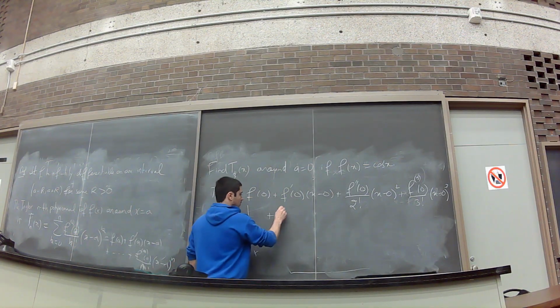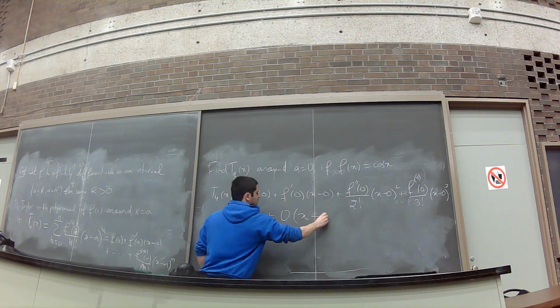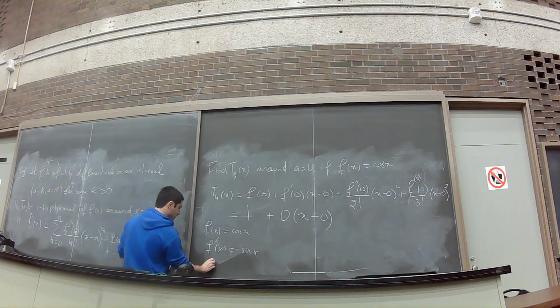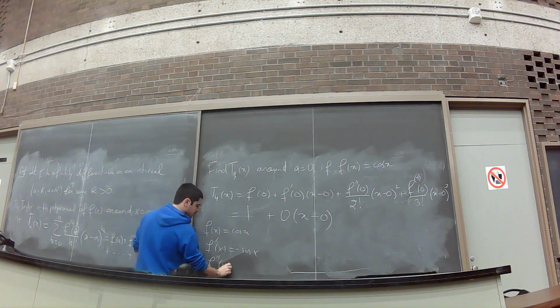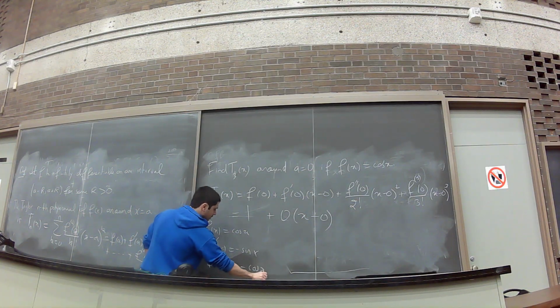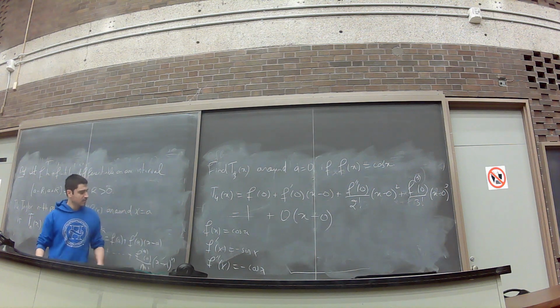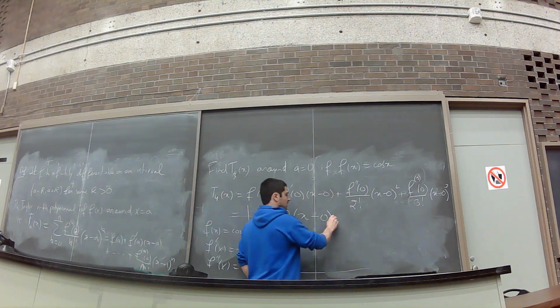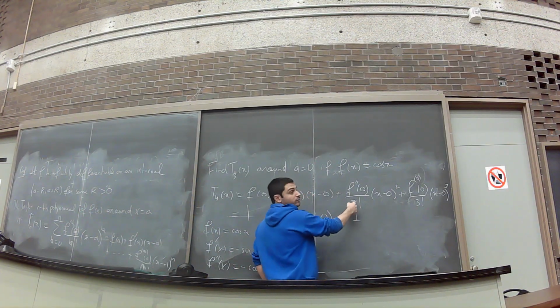So this is 1 plus 0 times x minus 0. F double prime of x, minus sine. What's f double prime? It's minus cosine. Okay, minus cosine at 0, what is that equal to? Negative 1, very good. So it's negative 1 over 2.